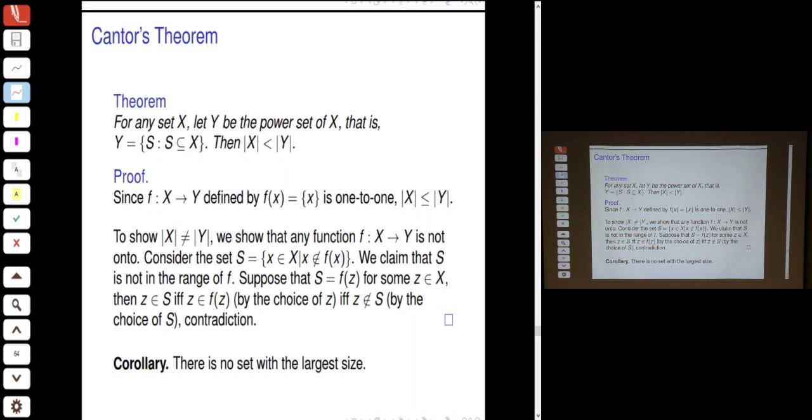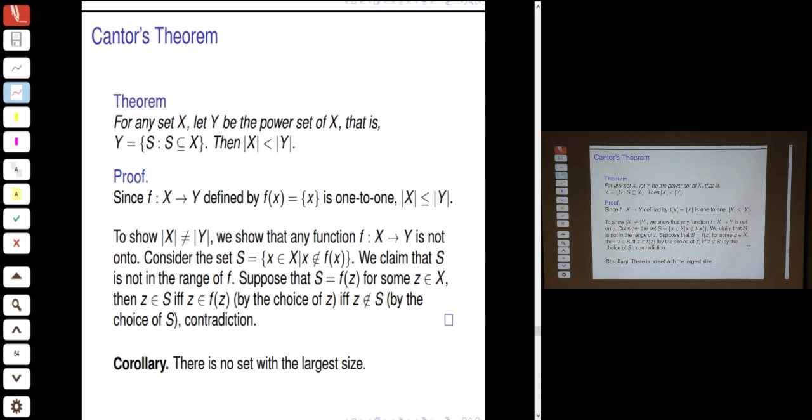So in the set theory part, in the infinity part, I left out a theorem, which is a very important theorem in set theory. I skipped the proof because I want to start where everyone's mind is fresh.